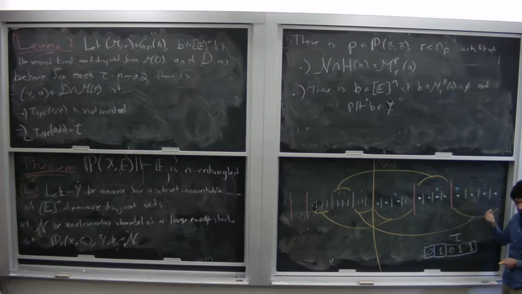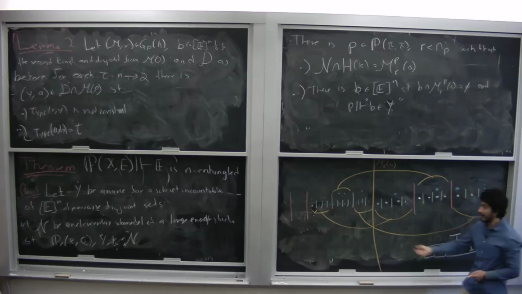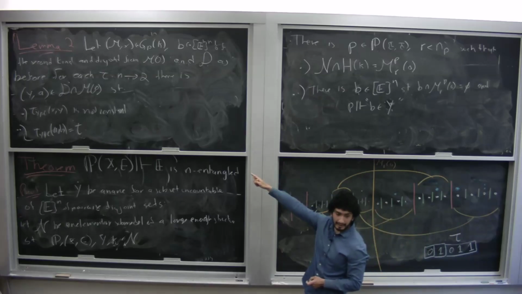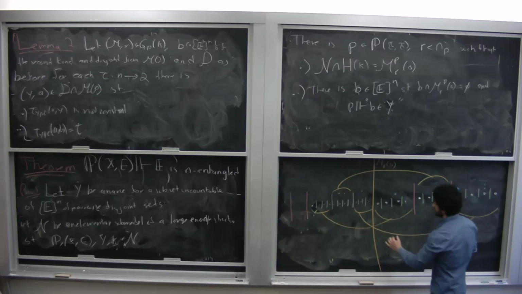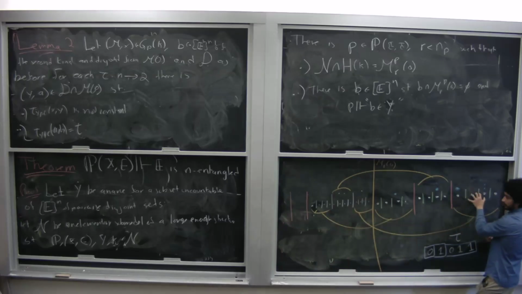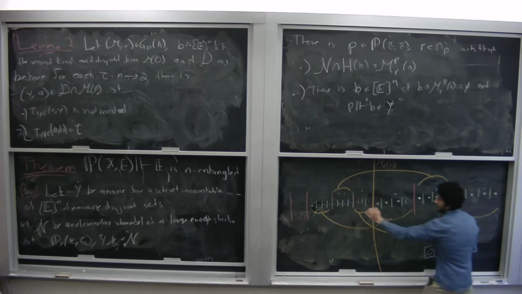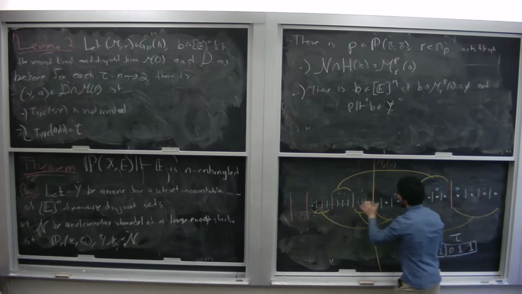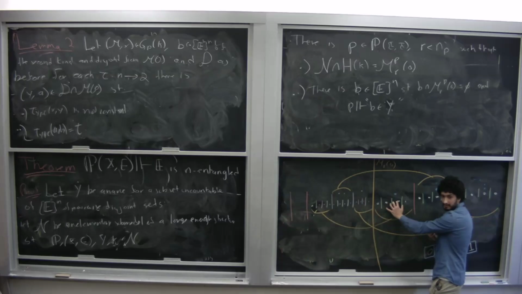Yes, one by one, I will start reflecting until at the end, using that lemma 2, I will get a 6 tuple which has non-constant type with this one, a 6 tuple which has non-constant type with this one, and a 6 tuple which has non-constant type with this one.